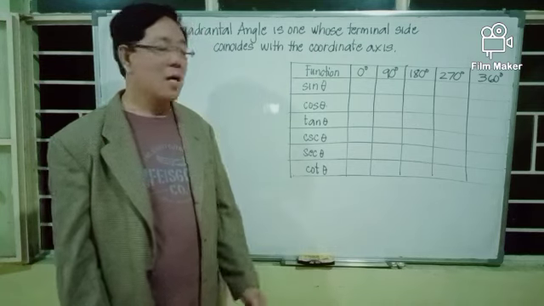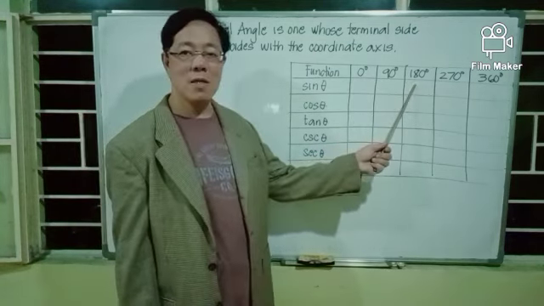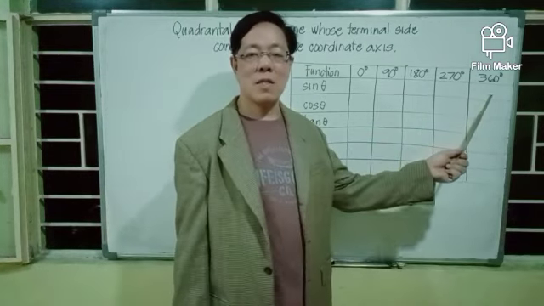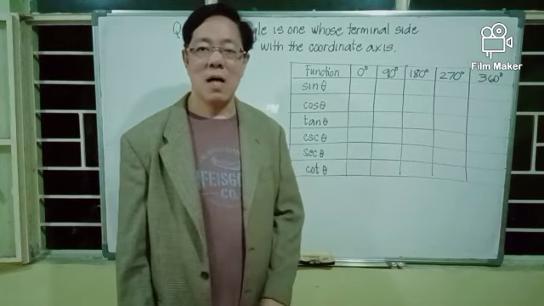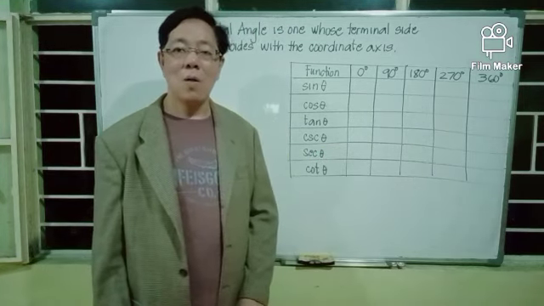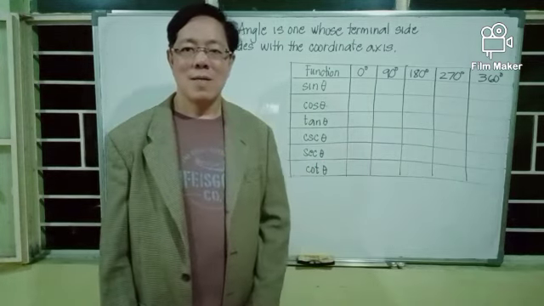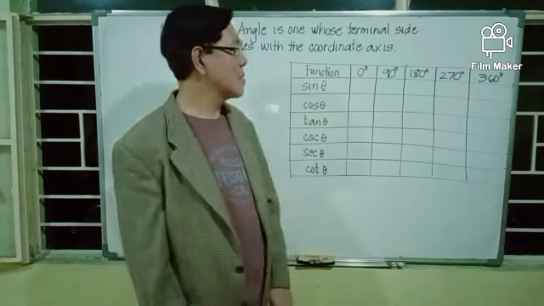The quadrantal angles are 0 degrees, 90 degrees, 180 degrees, 270 degrees, and 360 degrees. All of these 5 are quadrantal angles, and all multiples of any of these are also quadrantal angles.